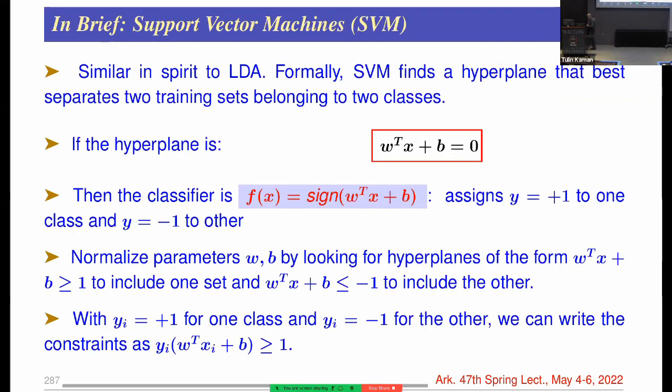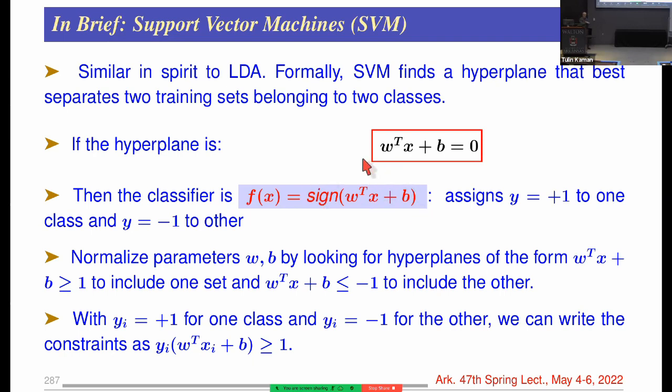Support vector machines work in a somewhat similar way. The ideas are similar: you're looking for hyperplanes that do the separation between classes. In this case, we're looking at just two classes essentially, and the hyperplane separates the two. This is the hyperplane, and the classifier will be the sign of w transpose x plus b.